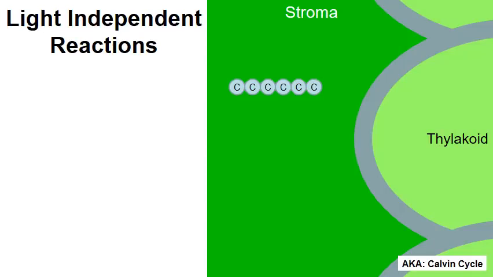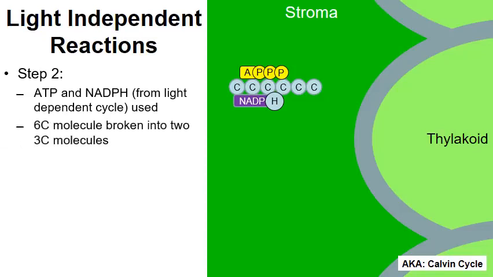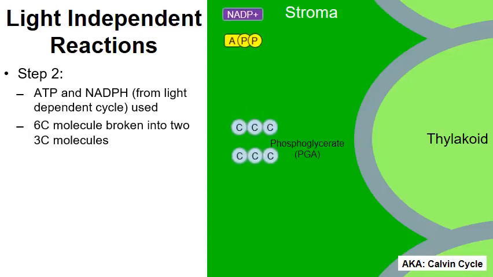The reason this 6-carbon molecule is short-lived is that we finally get to see the importance of ATP and NADPH, which were created during the light-dependent cycle. This 6-carbon molecule is going to be broken down by the energy contained within ATP and NADPH. Enzymes will help to break down ATP and NADPH to release their energy. When the energy is released, that 6-carbon molecule is broken down into 2 molecules called phosphoglycerate. Each PGA, or phosphoglycerate, is 3 carbons in size.